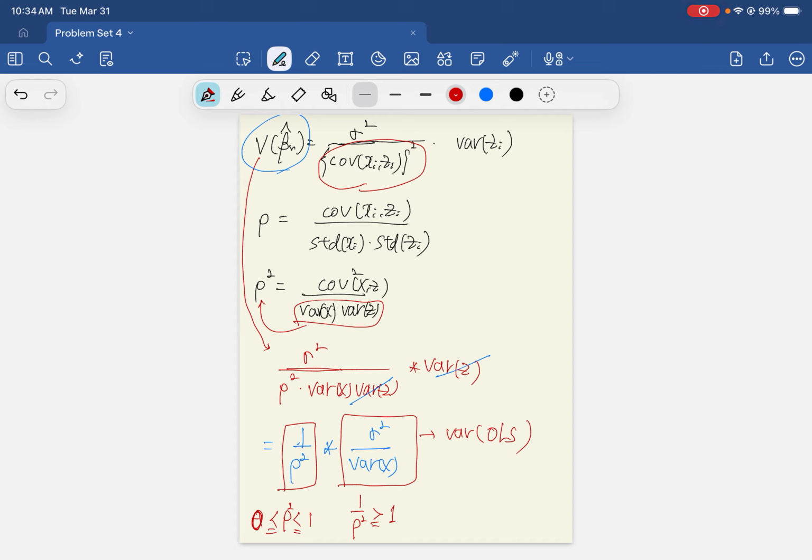That means your IV regression GMM estimator has a greater variance than the OLS estimator, multiplied by this much. It has the same variance only when rho is 1, which means your instrument is perfectly correlated with your regressor. So that's the only exception. That means just your x is exogenous, right?